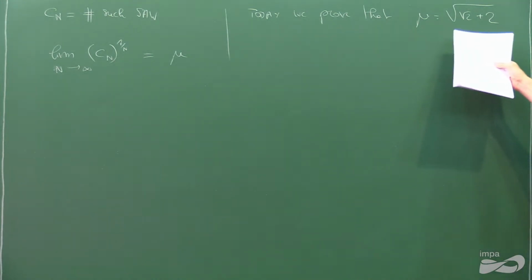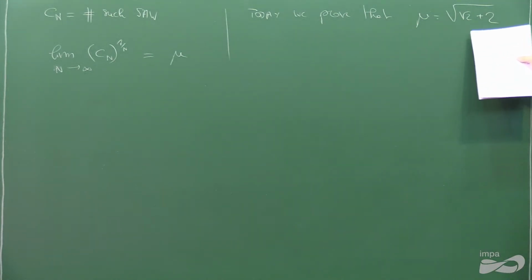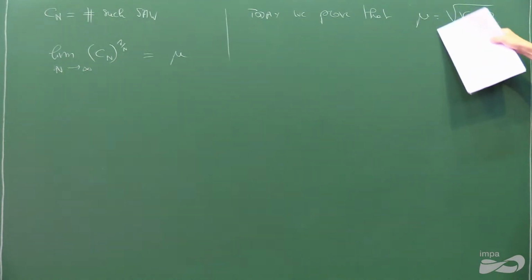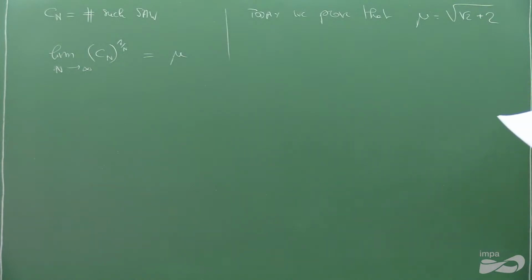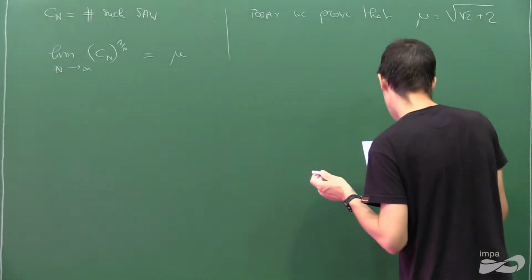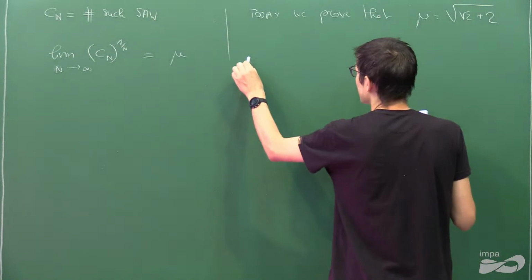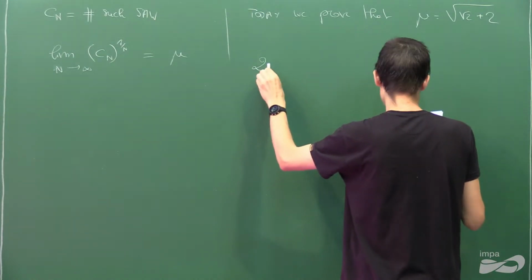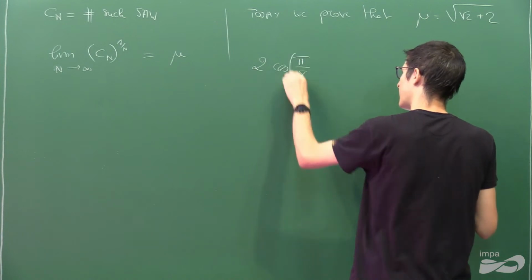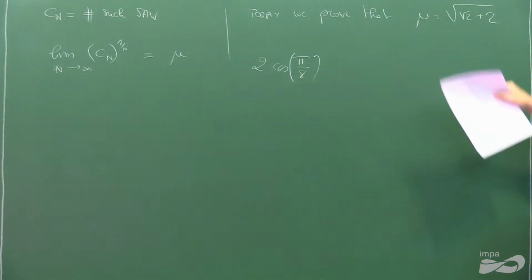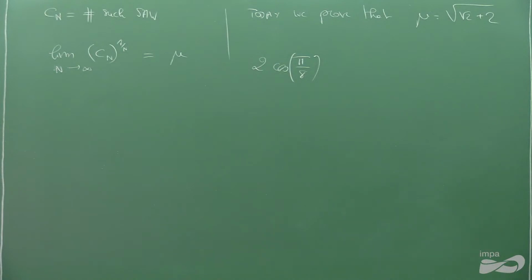Okay, so maybe this will come later, but maybe I can already tell you what this square root of 2 plus 2 is about. What this is, okay, is actually 2 cosine pi over 8. This number here. Okay, and we will see how it appears, but why is this equal to 2 cosine pi over 8?